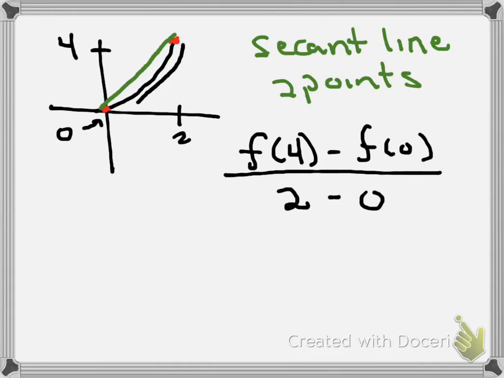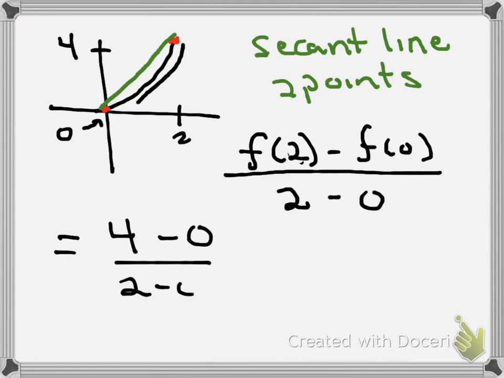So we have 2 minus 0. If we plug in and simplify, we get that f of 4, and I said 4, excuse me, that should have been f of 2 there. So f of 2 is 4 minus f of 0, which is 0, divided by 2 minus 0. So the average rate of change is 4 divided by 2, or 2.